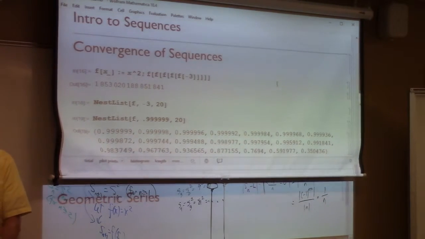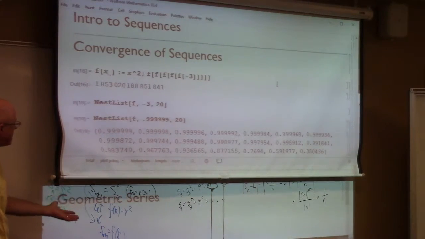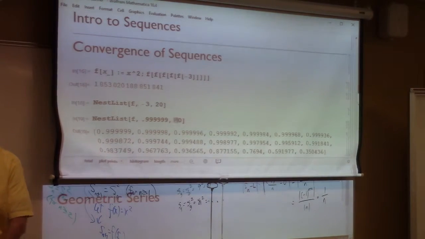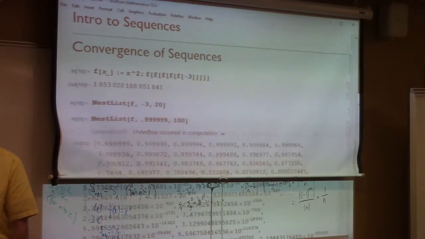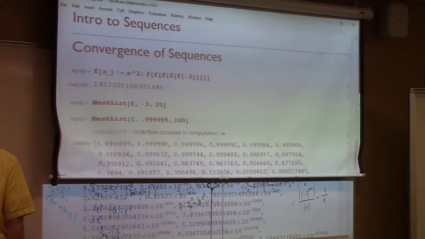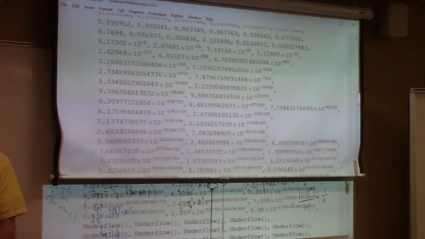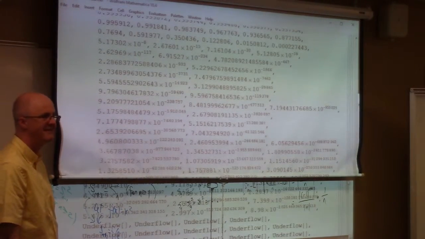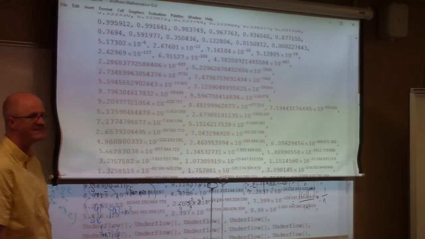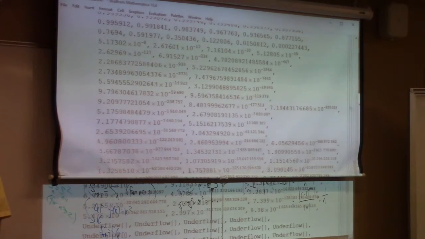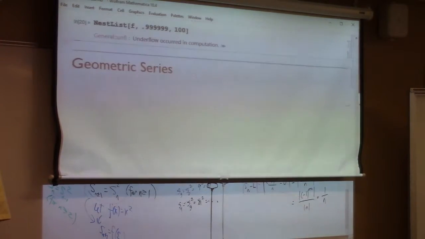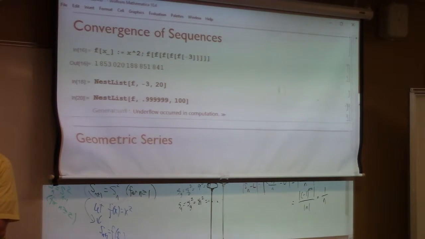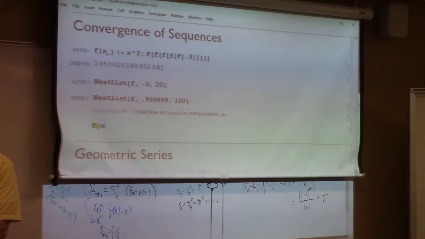Is it 0? Or is it possibly something non-zero? Oh boy, look at those negative exponents. I think we're converging to 0 here. Strange things can happen though. Even with, oh wow, underflow occurred in computation. Amazing. Even when your function is relatively simple.